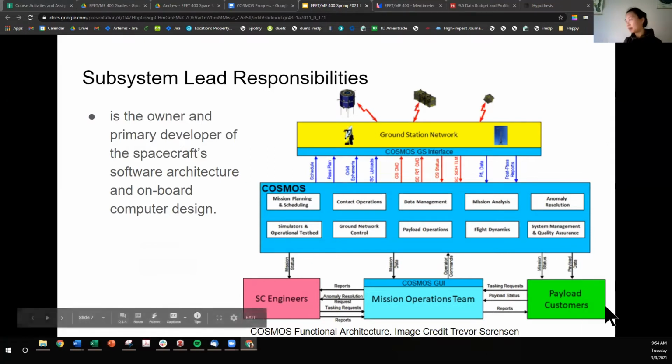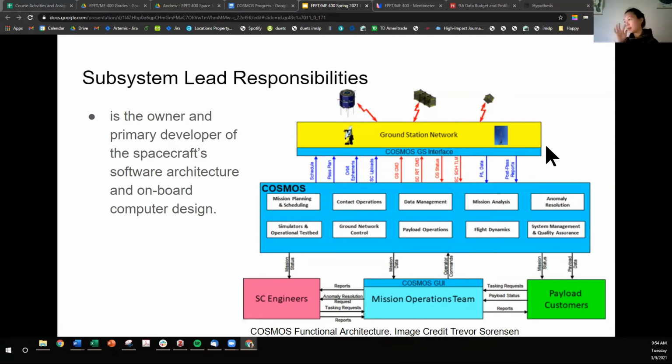But this part, the software part, you'll see that the Cosmos functional architecture, what you've been working on, trying to launch, has the following capabilities. It has mission planning and scheduling. There are simulators inside of the software. There's the ability to manage data, to operate the payload, to conduct mission analysis and flight dynamics, and then also to resolve anomalies.